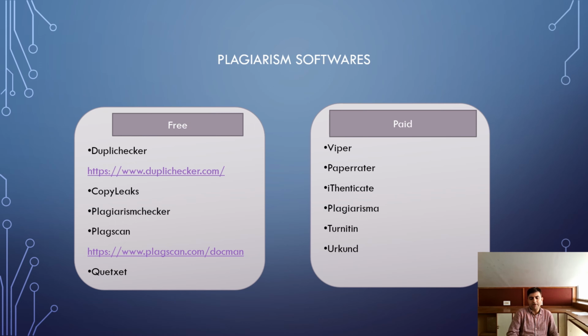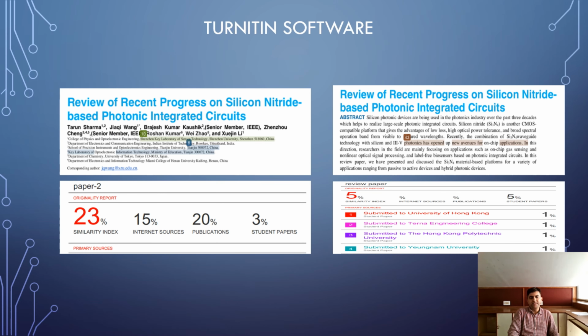Here I show you one example from the Turnitin software. I wrote a review article, and initially the review article had the author affiliation, which showed the university name. Then I removed the university name and references.